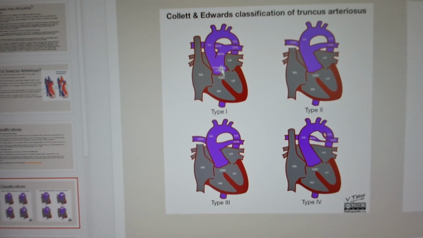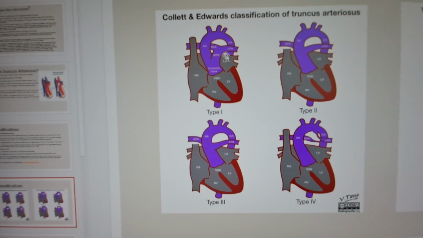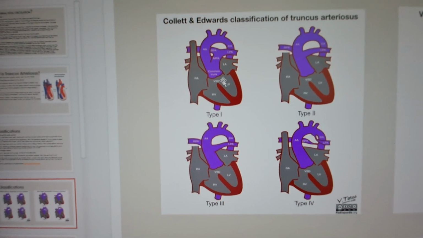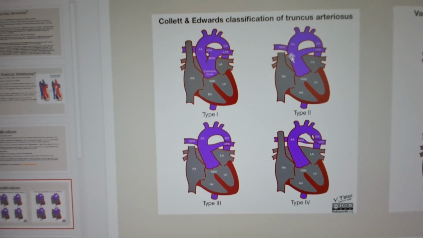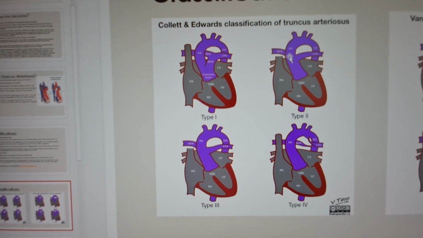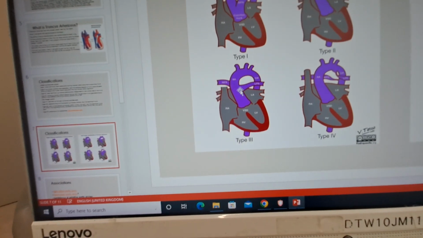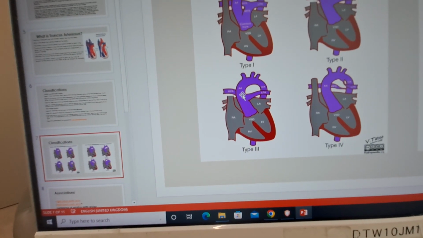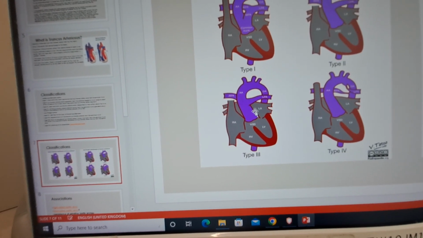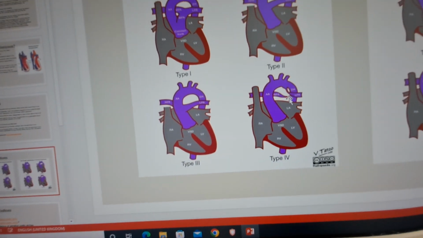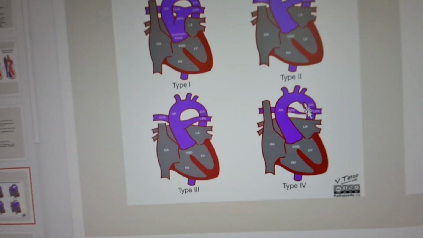The common one is the main trunk with the aorta and pulmonary artery and a VSD. In others, the pulmonary arteries branch before the aortic valve, some after it, and some connect through the ductus arteriosus from the ascending aorta.